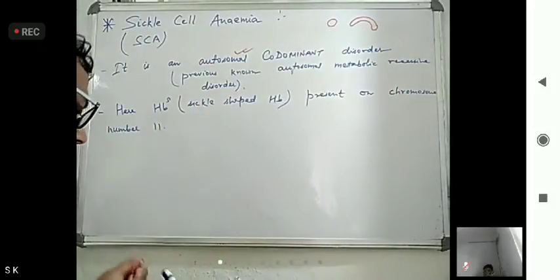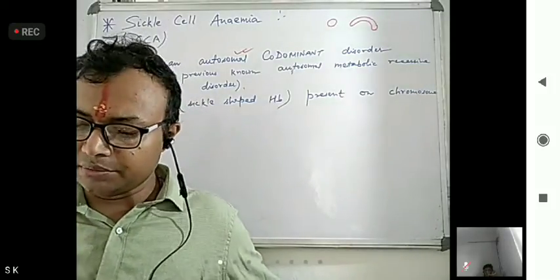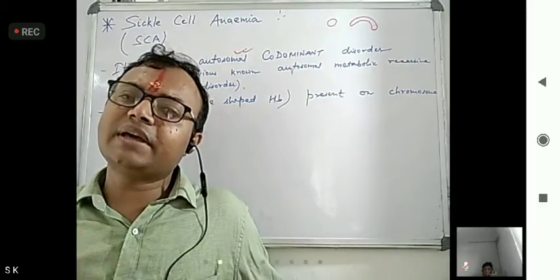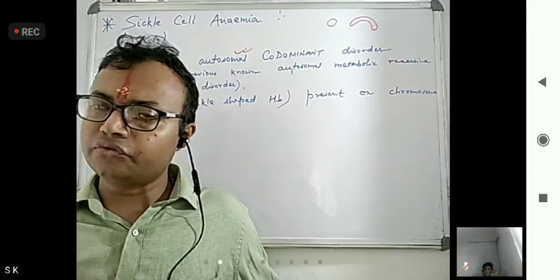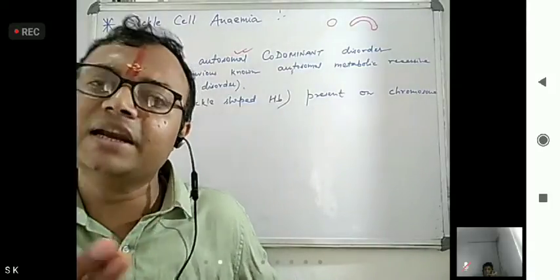Okay, now since RBC becomes sickle shaped, so what happens here? Glutamic acid of sixth position of beta chain replaced by valine.